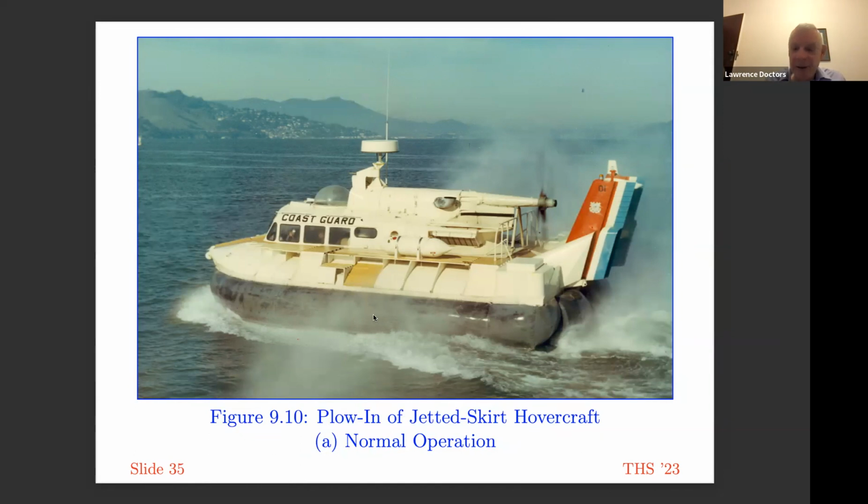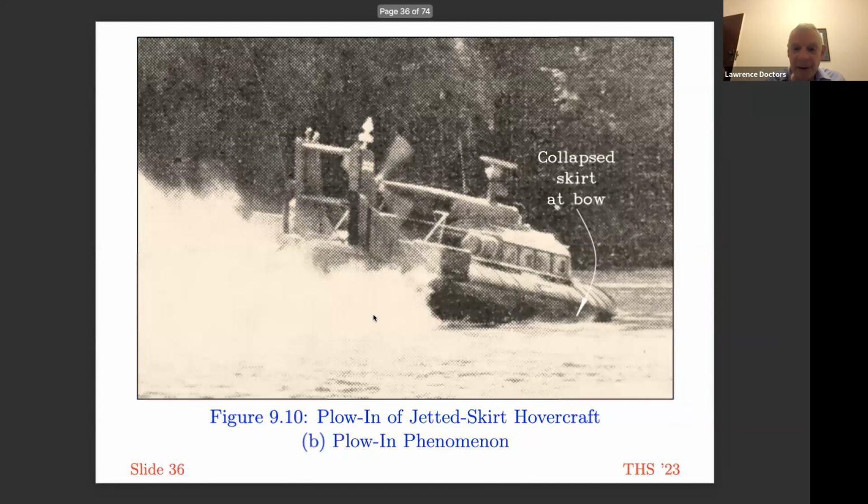The reason I'm showing you this picture is because the next picture is the only picture in my collection showing the bow collapsing in a plow-in phenomenon, which caused a lot of trouble going back many years.